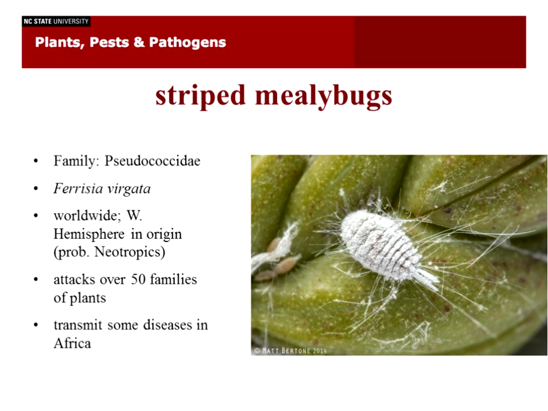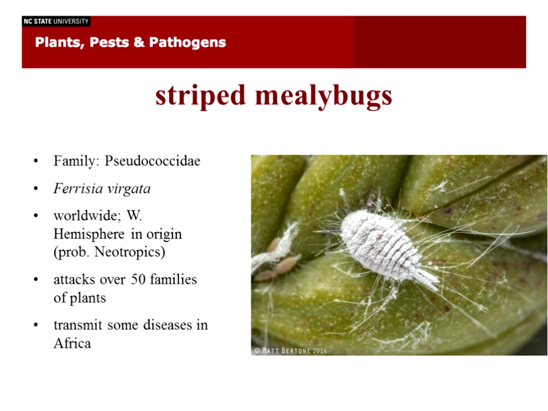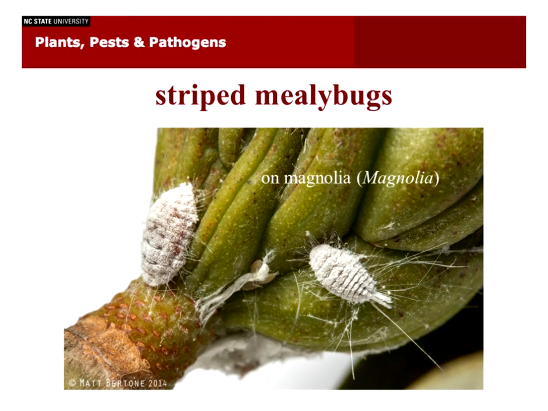Now, striped mealybugs are, like I said, a little bit larger than other mealybugs. They are about 2 to 4 or 5 millimeters long, and basically the one way that you can identify them more clearly than other mealybugs is that they have the two tails like most mealybugs, but instead of having basically these fringes along the side, these have little glassy-like tubes or like little hairs coming off of them.